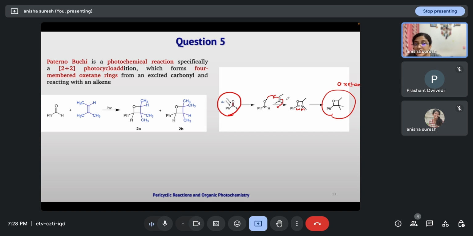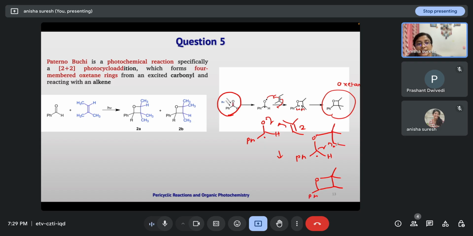So here there are two chances. This is an unsymmetrical alkene, so the reaction can also take place in this fashion, through the double bond, leading to formation of a different radical, and then recombination leading to formation of the other product.